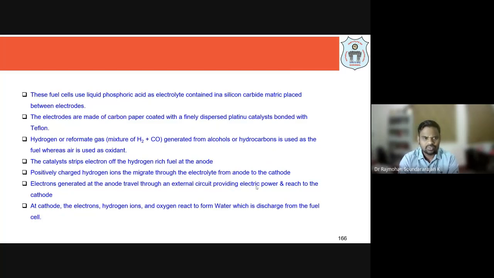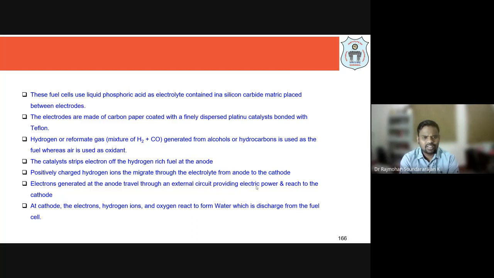These fuel cells generally use liquid phosphoric acid, kept contained in a silicon carbide matrix, which is placed between the electrodes. So it's always like a sandwich: the electrolyte is sandwiched between your anode and cathode. Remember, these electrodes are generally made of carbon paper coated with finely dispersed platinum catalyst, and bonded with Teflon.